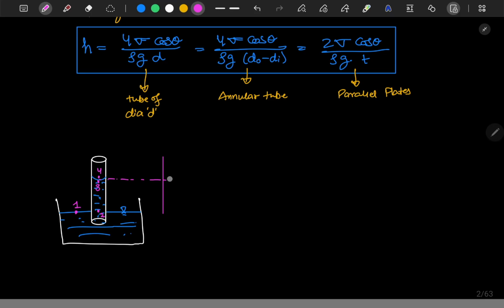So at points 1 and 2, P1 is equal to P2, which will be equal to P atmospheric. Here the pressure will be at this level, P atm. Now since we are moving upward inside a liquid column, your pressure will start to decrease, and it will reach some pressure here. This is the final pressure at point 3.